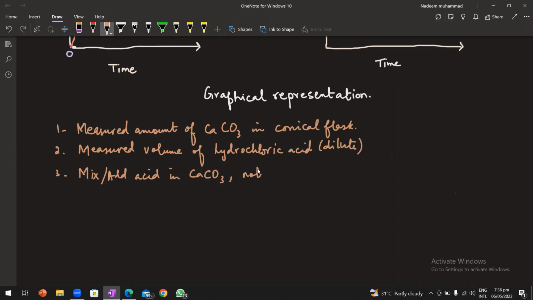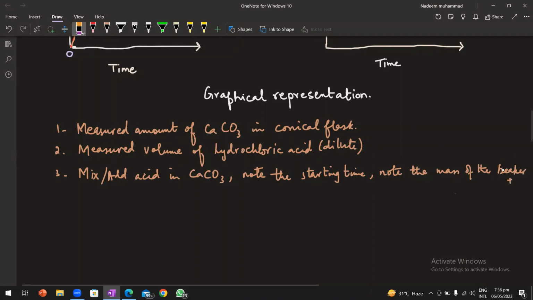You can note the starting time, as well as the mass of the conical flask along with its contents.